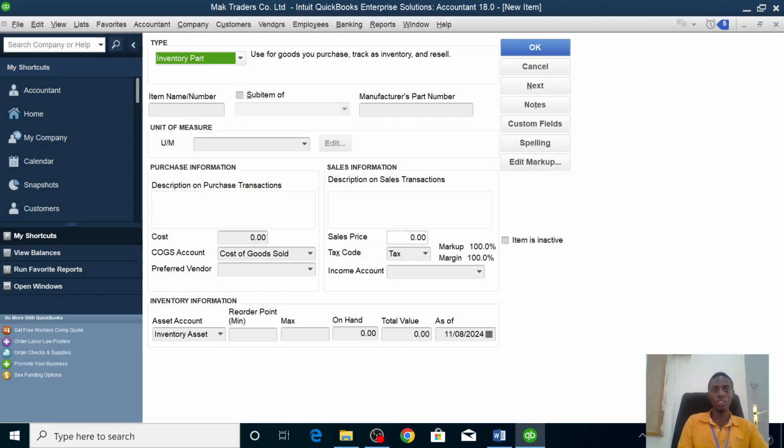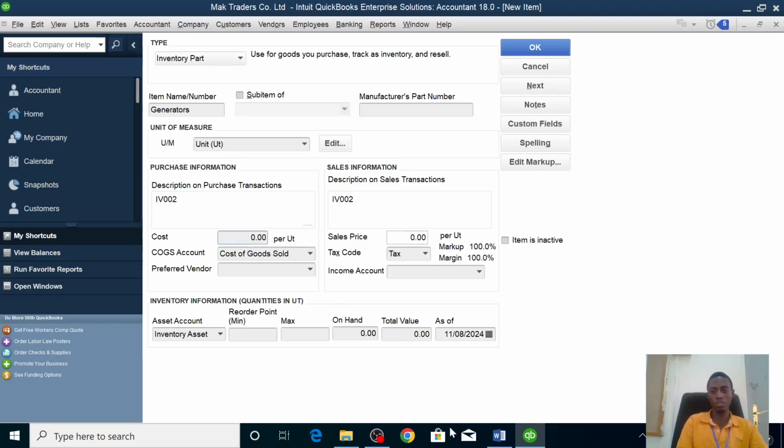Next item, under inventory part, I have generators. Unit of measure, it's each. Description, IV 002.